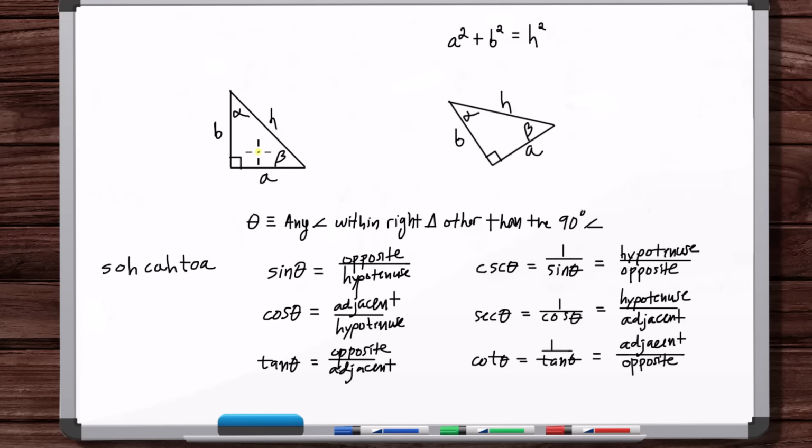Because in every right triangle, the angle other than the 90-degree angle is going to be some angle between 0 and 90. However, with trig functions, as far as the domain, you can input any theta, any real number, from negative infinity to infinity.